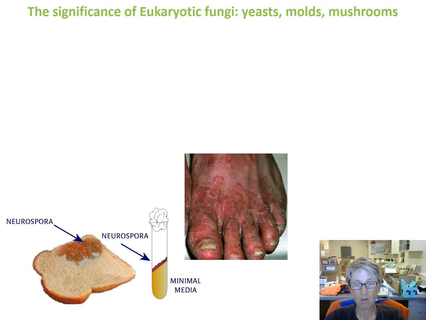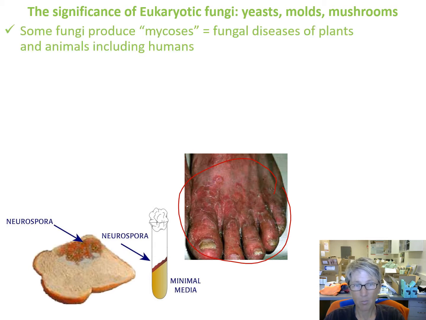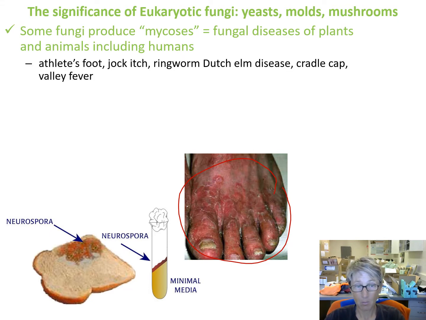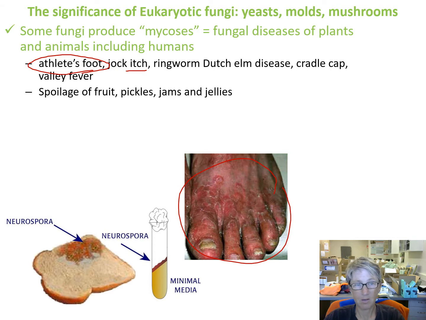Okay, that's nasty right in the middle of the screen. Little athlete's foot caused by a fungus. So some fungi produce mycoses. So those are fungal diseases that are in plants and animals, including us, because we're animals. And this is obviously a photograph of athlete's foot, but fungi can also cause these other diseases.